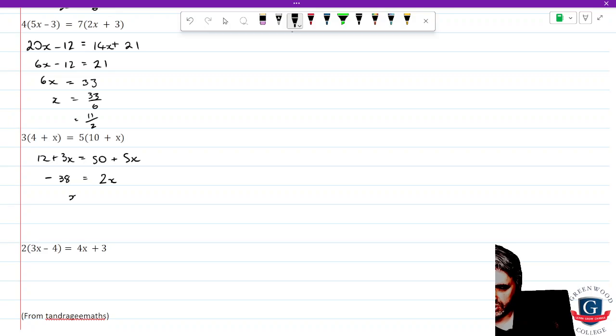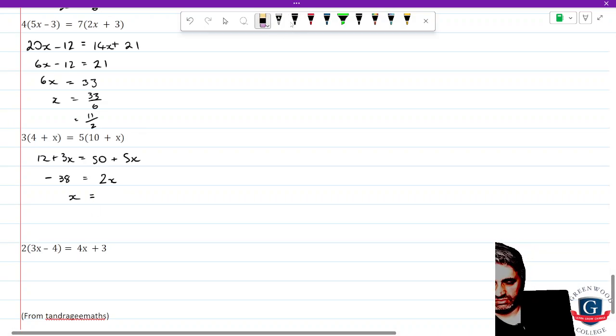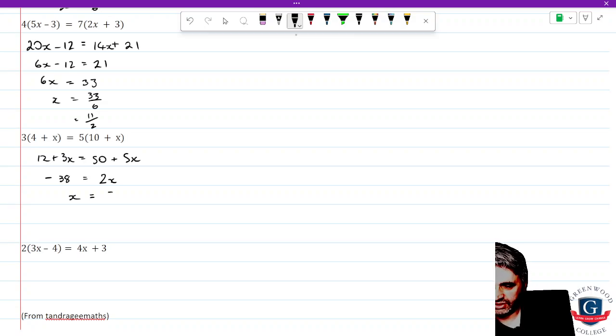Divide both sides by 2, swap them over, x equals negative 17. Well, no it doesn't. So x equals negative 38 on 2, half 38 is 19, negative 19.